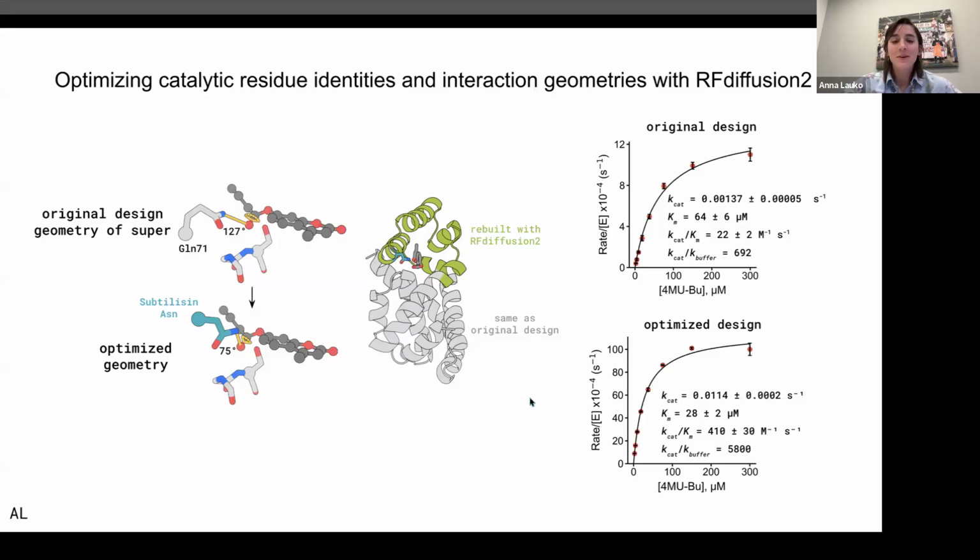We can't say for certain that this comes from this very specific angle change because we've changed a lot about this design, but it is a cool illustration of the way that we can use RF diffusion to change different angles or geometries in our designs and interrogate the effect of that.